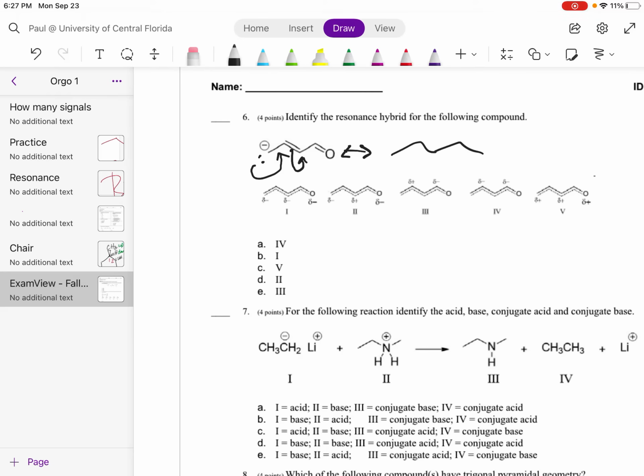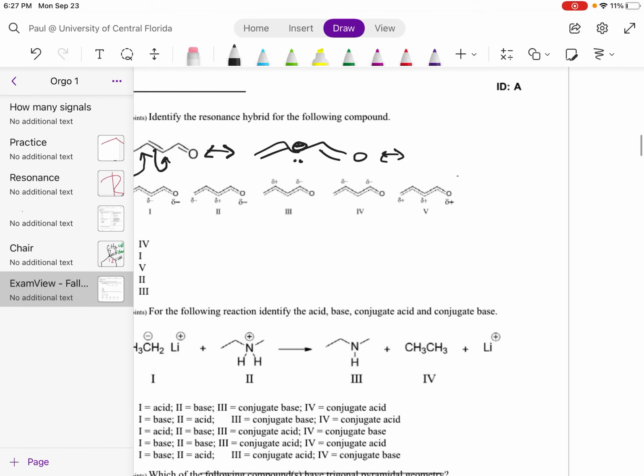So now we have a structure like this. And then we could draw another resonance structure, where we could take the negative charge here and go in between. Oxygen negative charge, boom, boom, just like that.